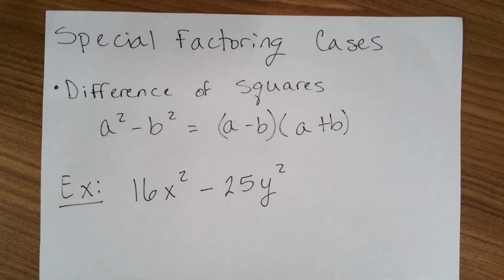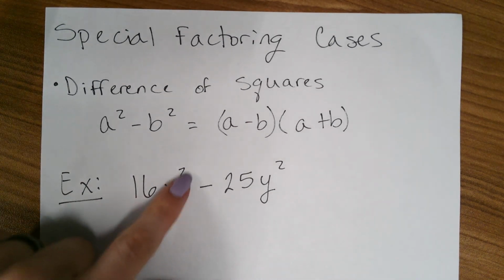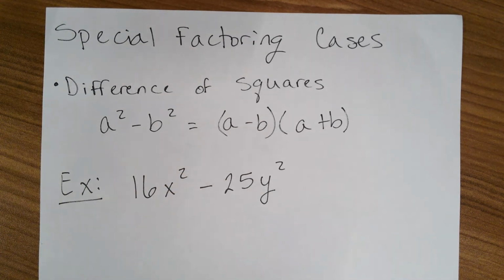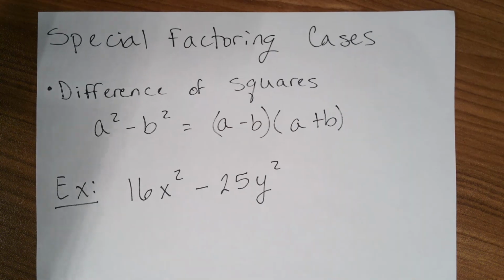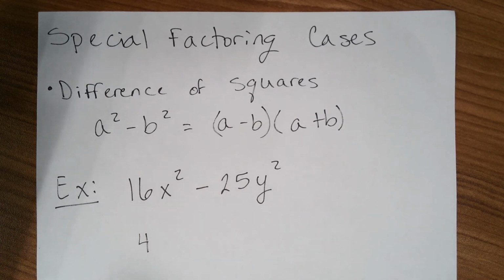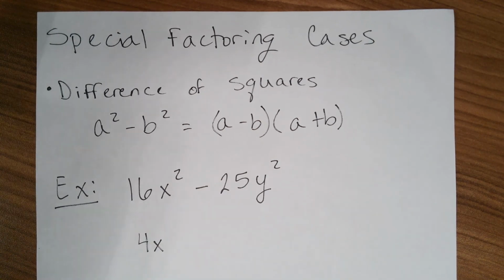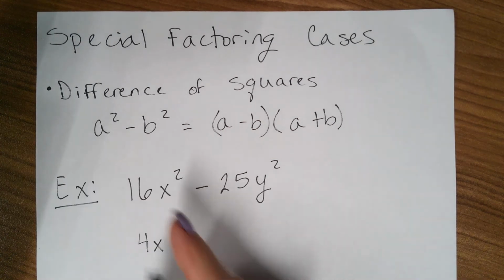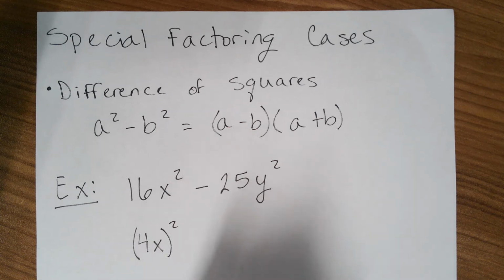So we need to identify what has been squared. My first term here, 16x squared, what could I multiply by itself or square that would give me 16x squared? If I take 4 and square it, I'll get 16. And if I take x and square it, I'll get x squared. So my A is 4x.